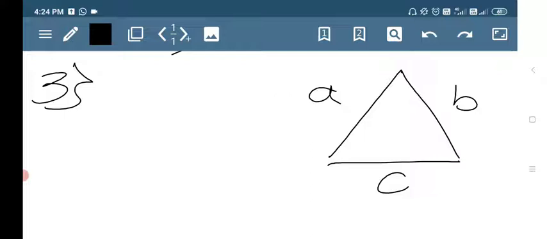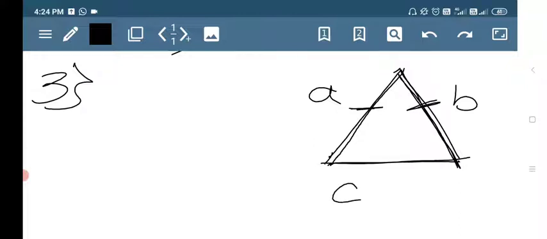Okay. The base of an isosceles triangle is 4 by 3 centimeter, and the perimeter of the triangle is 4 2 by 15, in mixed fraction.